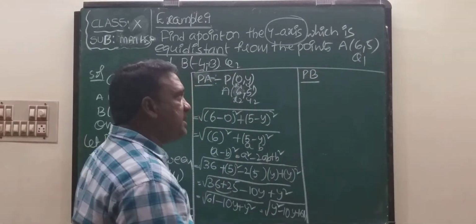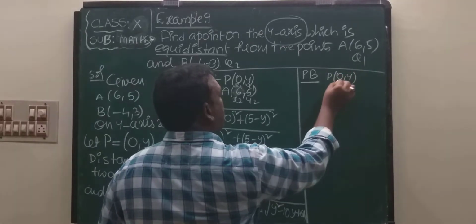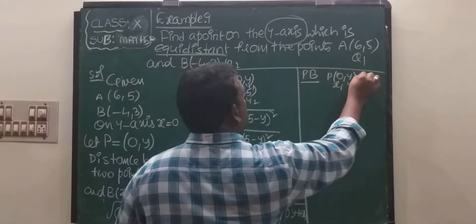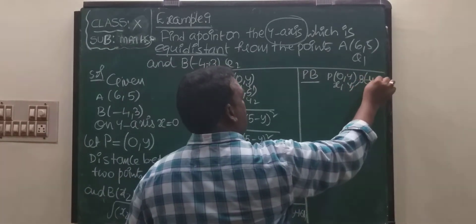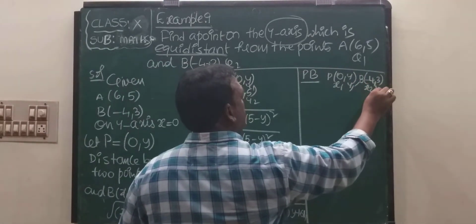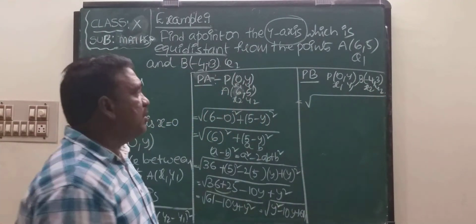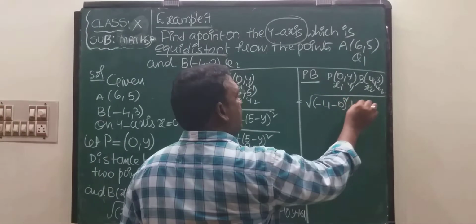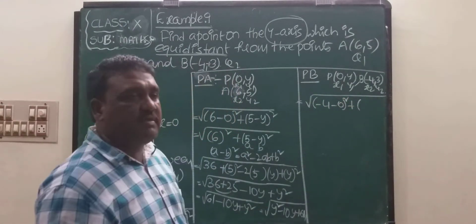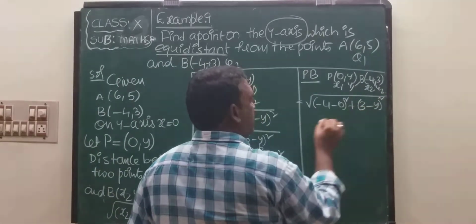PB. What is P again? P is (0, y), let it be x1, y1. B is (minus 4, 3), let it be x2, y2. Substitute again: root of (minus 4 minus 0) whole square plus (3 minus y) whole square.